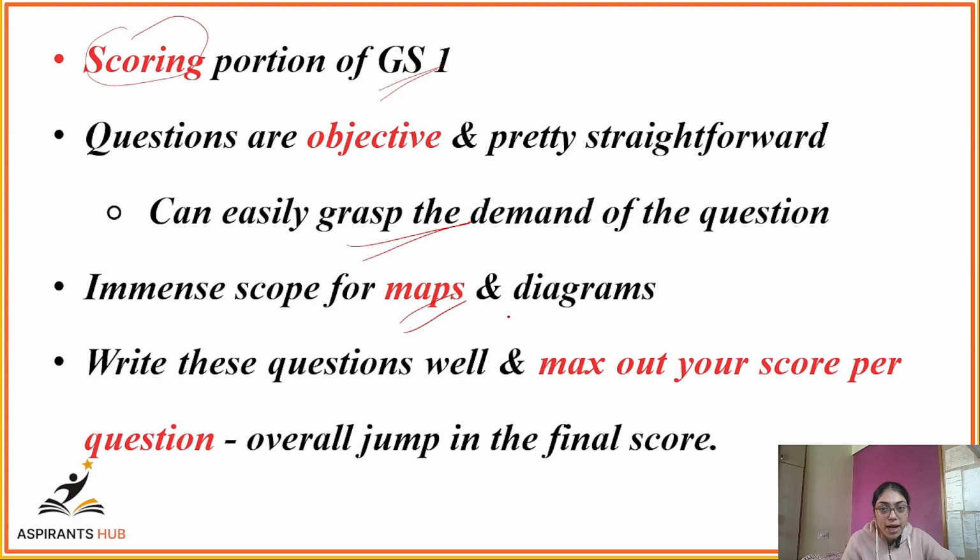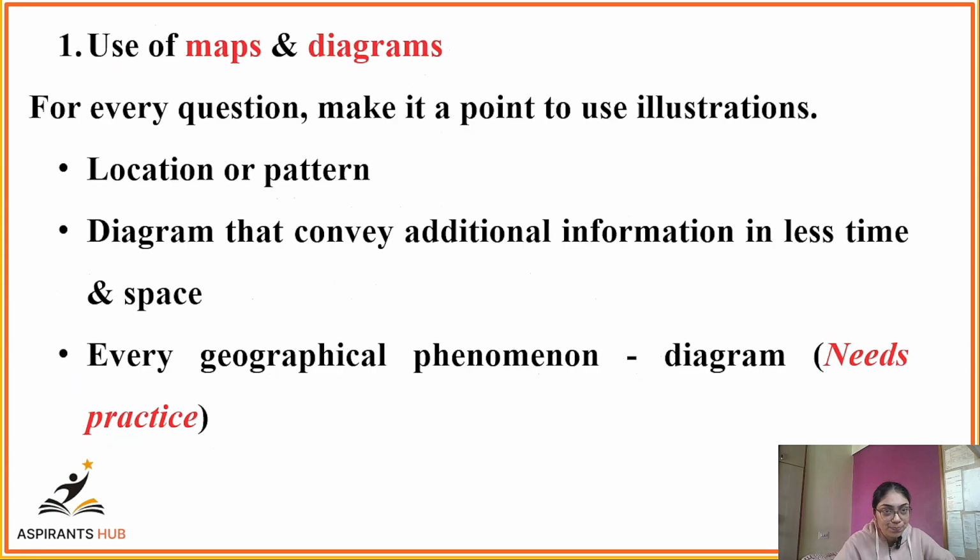You can go ahead and do this. And one more important thing you'll have to keep in mind is, across all the geography questions, try to maximize your scores by incorporating all the components that we will be talking about so that you can see an overall jump in your GS1 score. Okay. And there is immense scope to do that. Please keep this in mind.